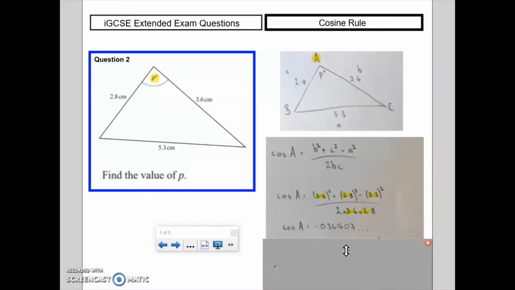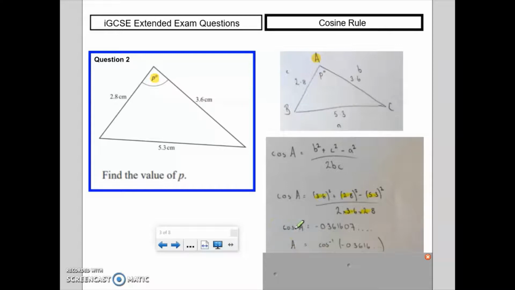That all gets put into my calculator, and this is the value I end up with. But at this stage, this is the value of cos of A, and we only want A. So therefore, I'm going to work out the inverse cosine of this value.